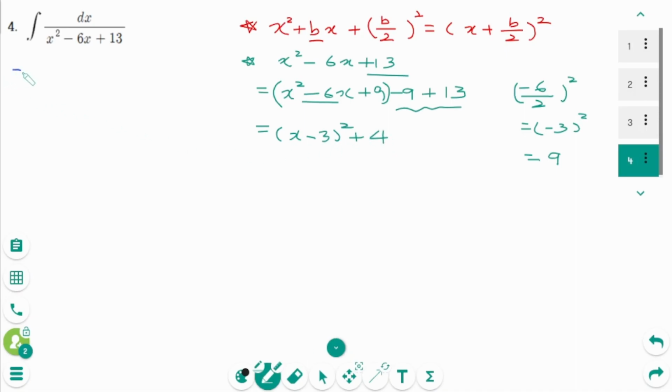Now we can rewrite as the integral of 1 over x minus 3 squared plus 4 dx.